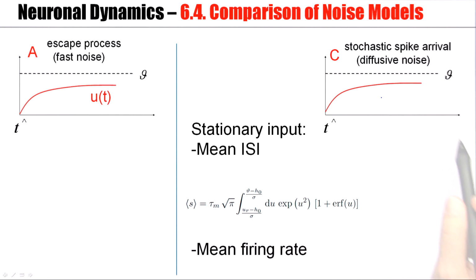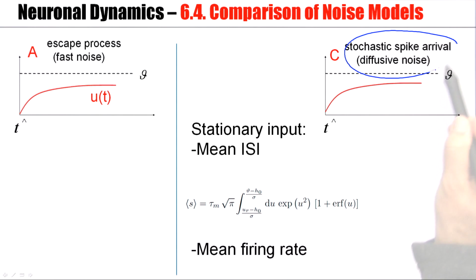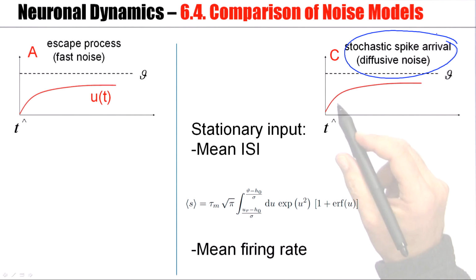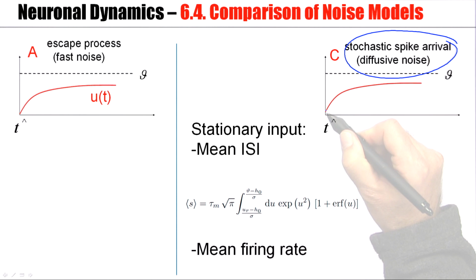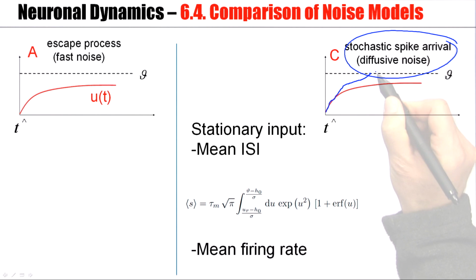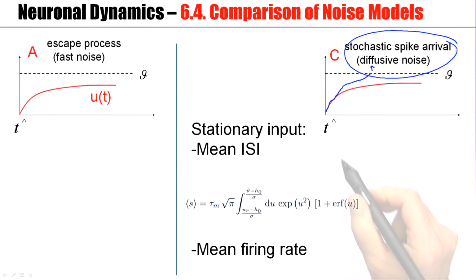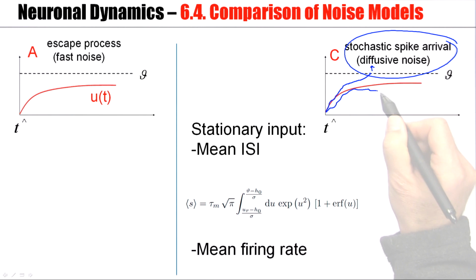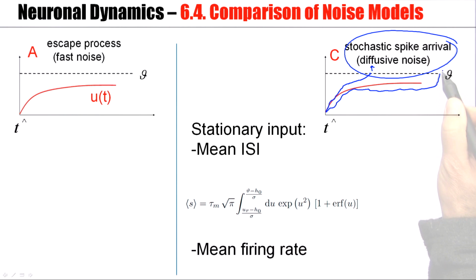So, with my model of stochastic spike arrival, I can calculate distributions of membrane potential. Moreover, I can calculate something like the mean interval. One trajectory for stationary input may hit the threshold here. Another trajectory much later.